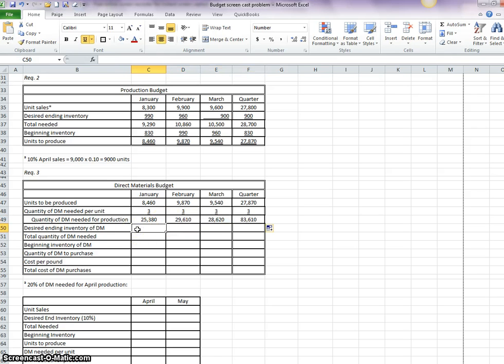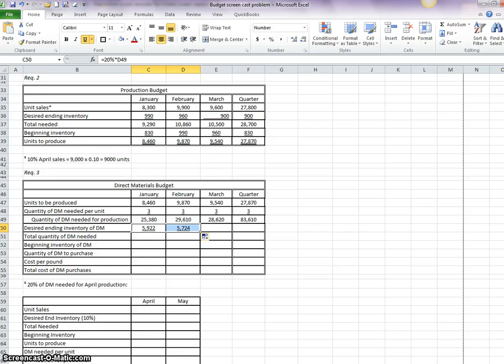So equals 20% times what we're going to need in February. Now I can copy this over to February, but I can't copy it over to March, because in March I'm going to need 20% of what I'm going to need in April.